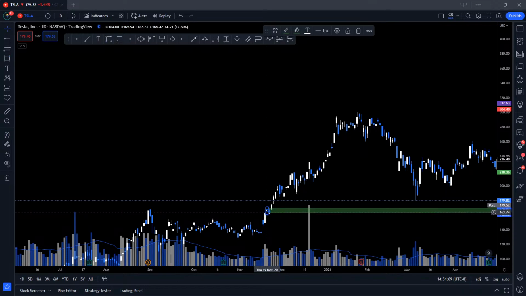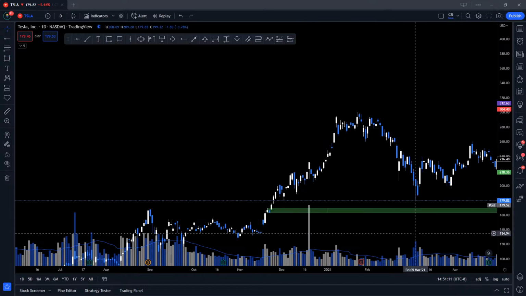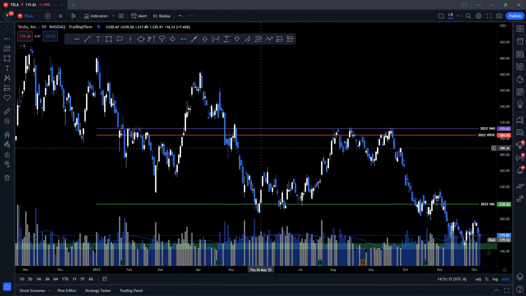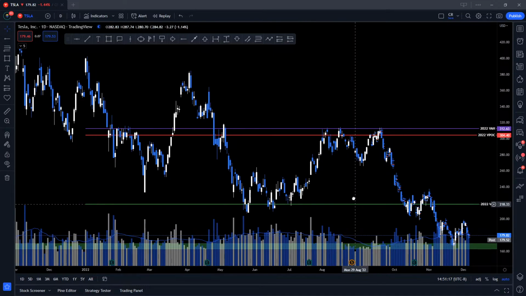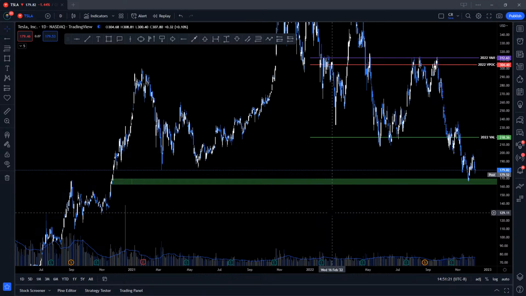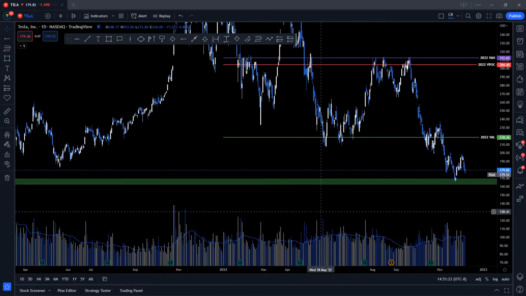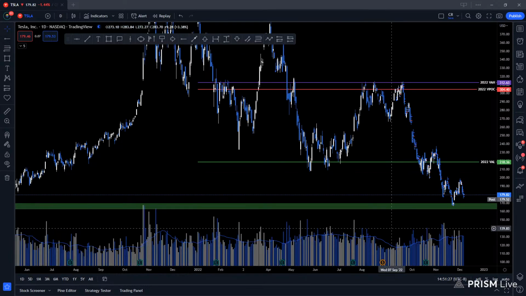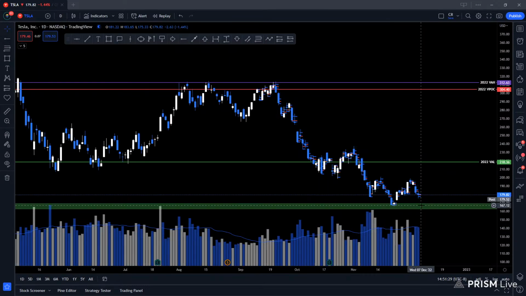I know this is hindsight, but I like this. I would actually love to see a retest of this to go long.